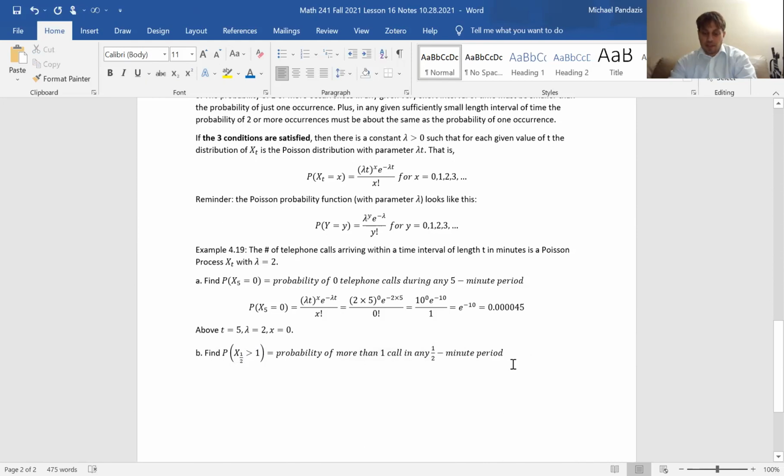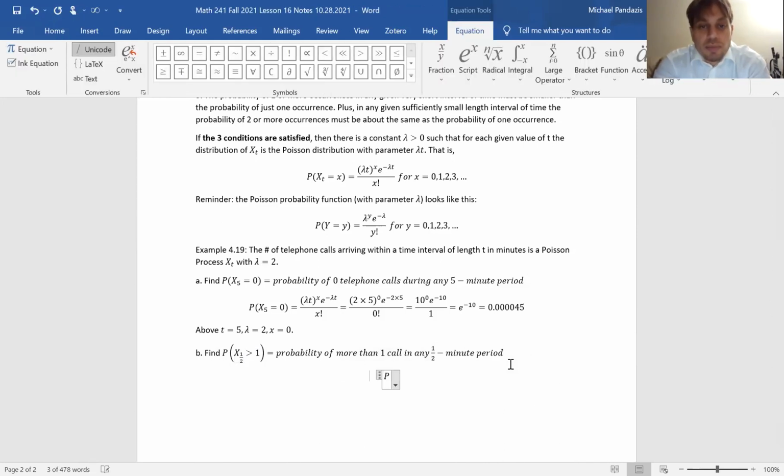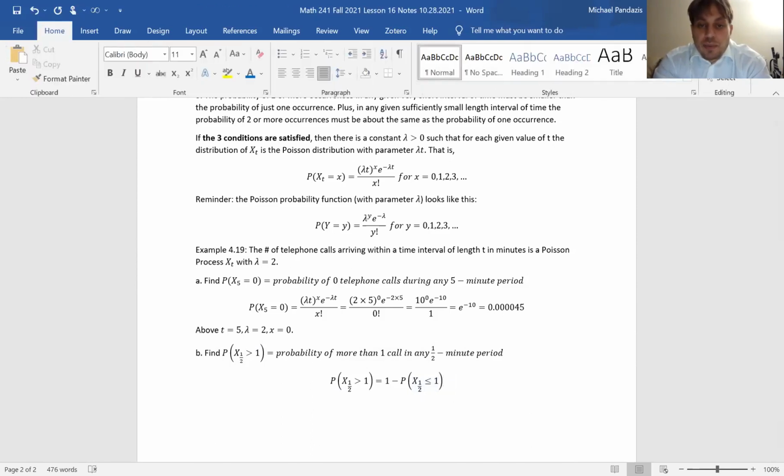So we want the probability of that. Well, the probability that x sub 1/2 is greater than 1. The probability of getting more than one call in any 1/2 minute period is 1 minus the probability of getting at most one phone call in that 1/2 minute period, any 1/2 minute period, right? So that's equal to 1 minus, well, there's two possibilities.